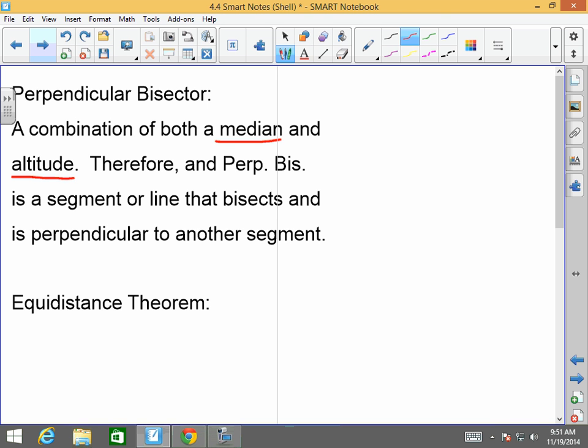Therefore, a perpendicular bisector is a segment or line that bisects and is perpendicular to another segment. That's what a perpendicular bisector is.